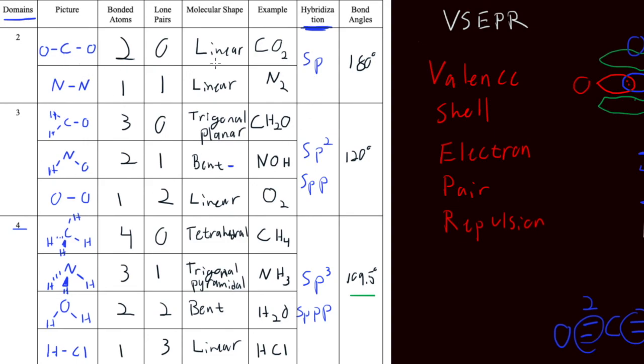So for this carbon, that's an sp hybridization because it only has 2 electron domains. For something like this NH3, that has 4 electron domains because it has that extra electron pair that we just don't draw in here. And so that is going to be sp3. The bond angles, it's okay if we don't have those memorized, but we should have the hybridization down.